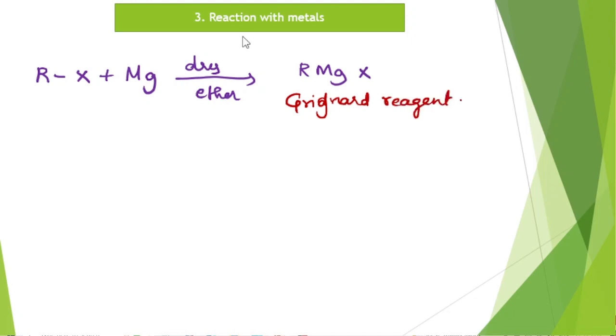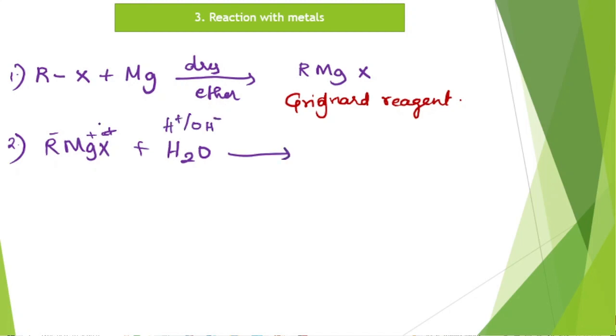Next reaction is going to be your RMgX. Your R-MgX plus H2O. H2O will be divided into H+ and OH-. You already know this, right? So when these two react, you will get R- and H+.